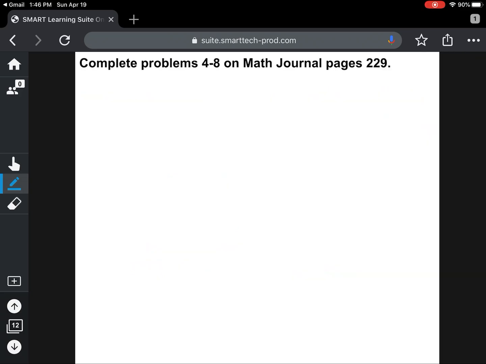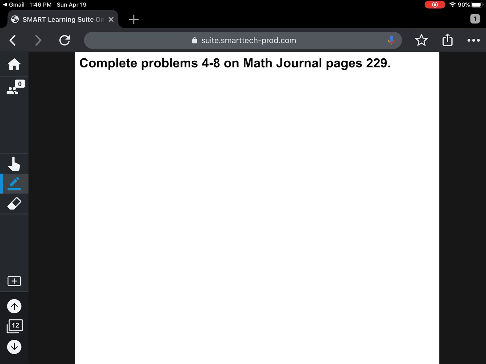Now we're going to move on to page 229 in our math journal. You are going to answer problems 4, 5, 6, 7, and 8 on your own.